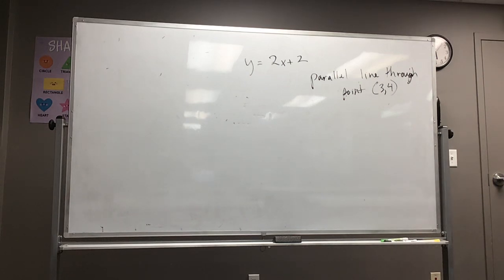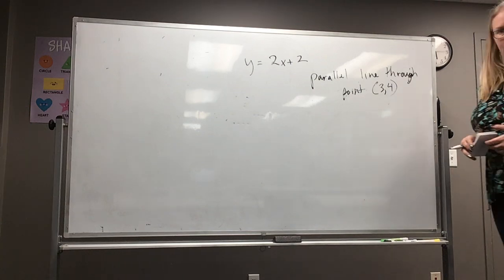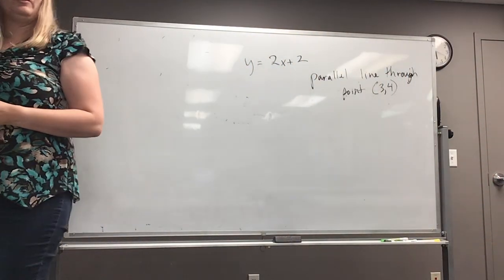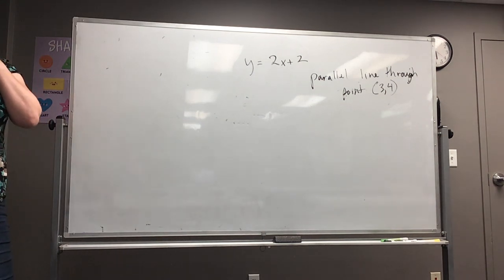And so how would you go about finding the equation of the line parallel to that line through the point 3, 4? More coordinate based than something that we've done before, but coordinate geometry is still geometry.